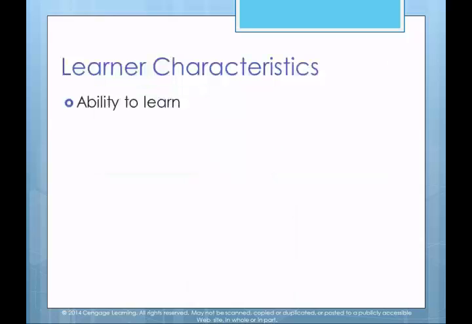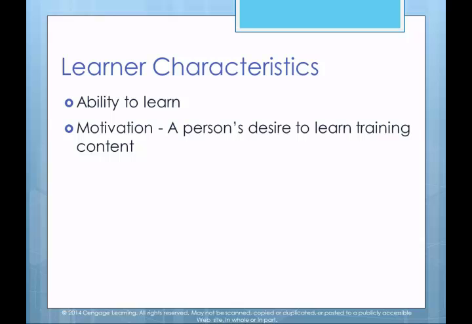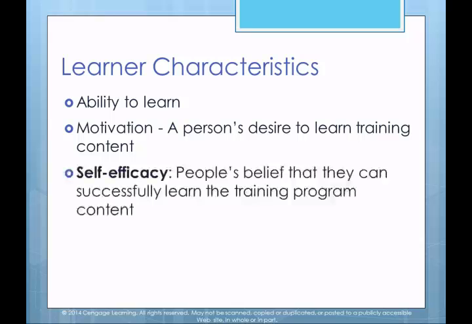So let's go over that. The ability to learn. Motivation, a person's desire to learn the training content. Self-efficacy, people's belief that they can successfully learn the training program content. Perceived utility and value: do they see that it is of value and that they'll be able to use it and try it on the job?